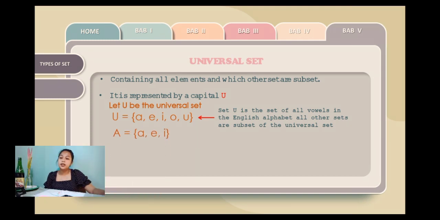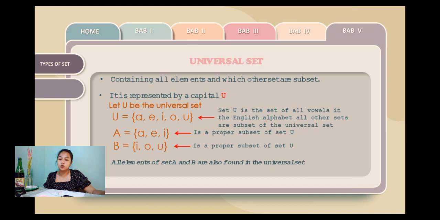So, set A is equal to A, E, I. It is a proper subset of set U. So, B is equal to I, O, U, and it is also a proper subset of set U. All elements of sets A and B are also found in the universal set.